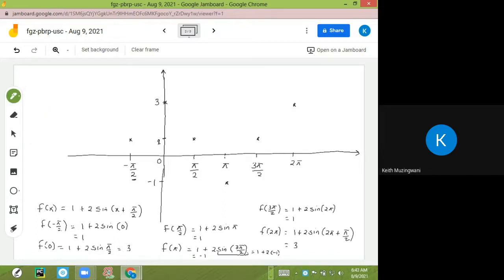Okay, so now after you have these points, then you connect them. Not with a straight line, but a curve. And that is the sketch.